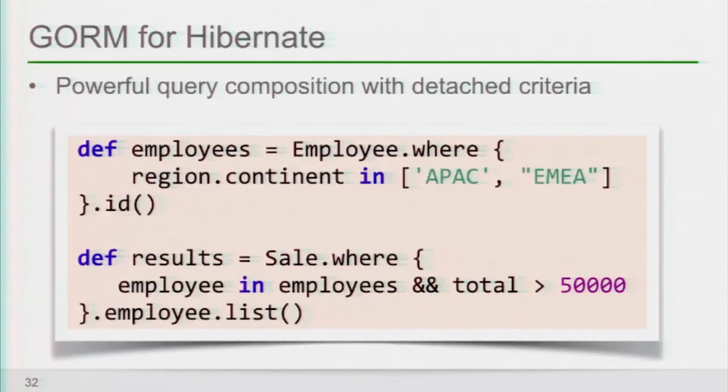And then in this second example, it's saying I want to find all the sales where the employee is in that region in this previous query, and the total is greater than 50,000. So you're able to compose queries, using the native Groovy operator support.